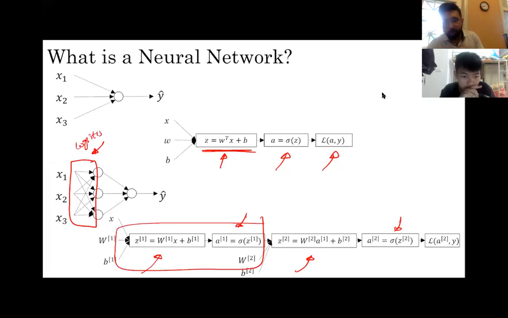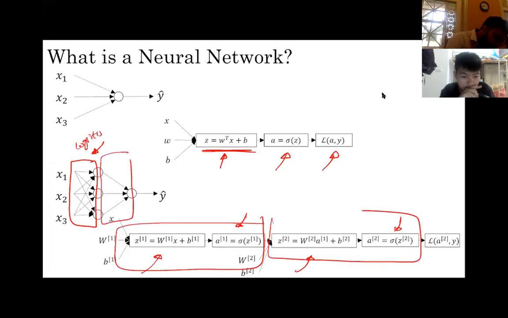Of course, the loss is not put on top of it. And then this is like another logistic regression. So basically, a neural network is a type of stacking of these logistic regression models to give your learning model more complexity, to allow it to learn something more complex. Okay, does it make sense to everyone?